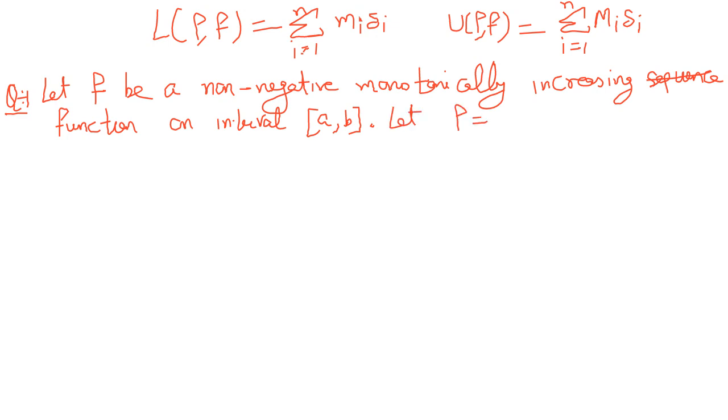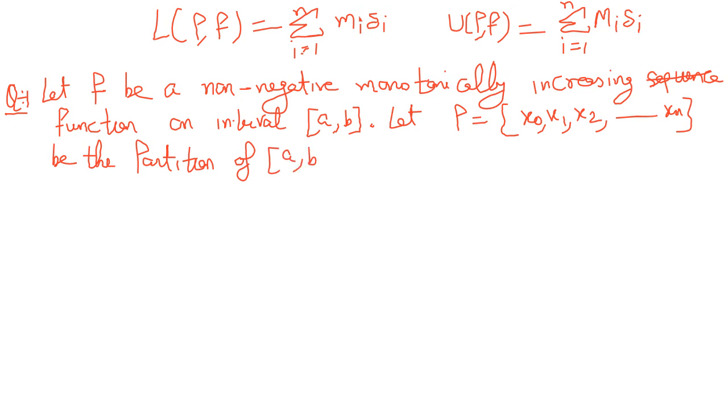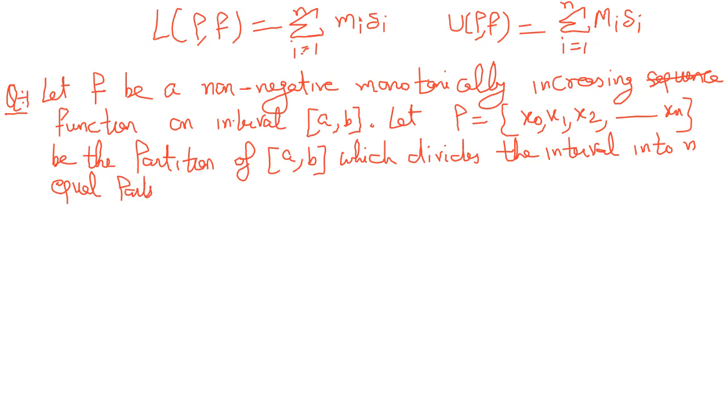Let P equal to x naught, x1, x2 up to xn be the partition of a comma b, which divides the interval into n equal parts.